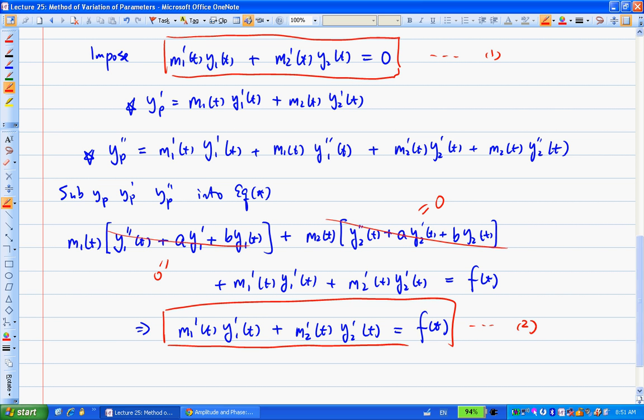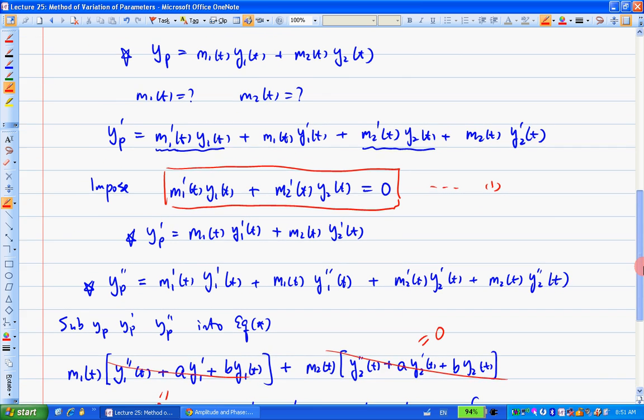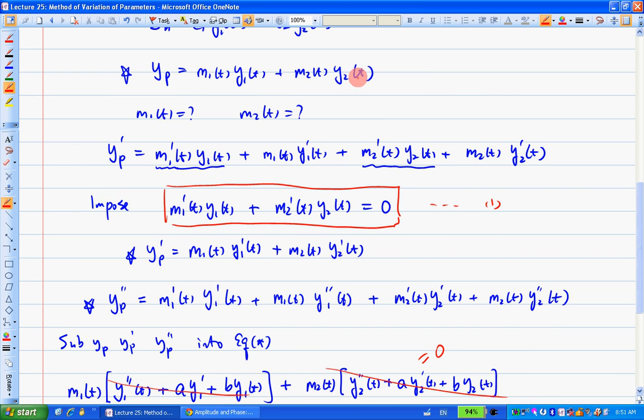You also need to have the bigger picture: y1 and y2 are known, because they are from the homogeneous equation, so you have somehow already obtained y1 and y2. What we're looking for is m1 and m2, such that this expression satisfies your original non-homogeneous differential equation.